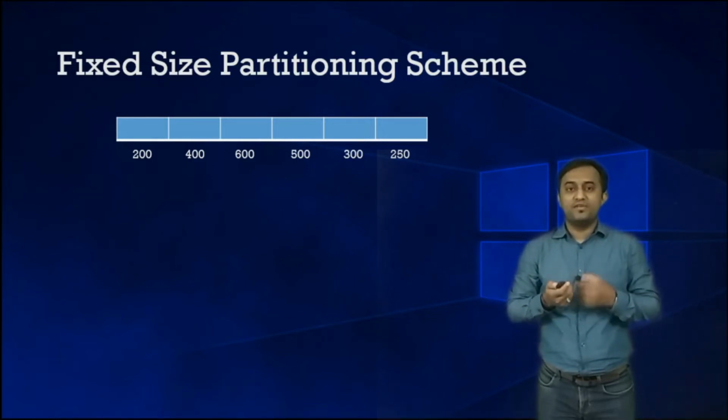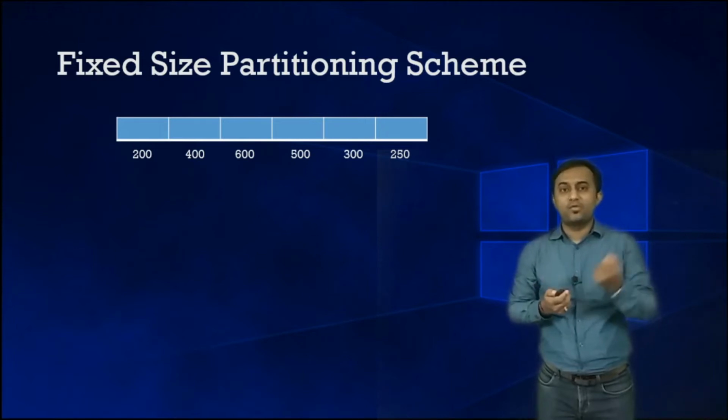Suppose my process request is, say for example, 200 KB and I have one partition in memory which can accommodate 400 KB of size, so I can easily accommodate my requested process in that.